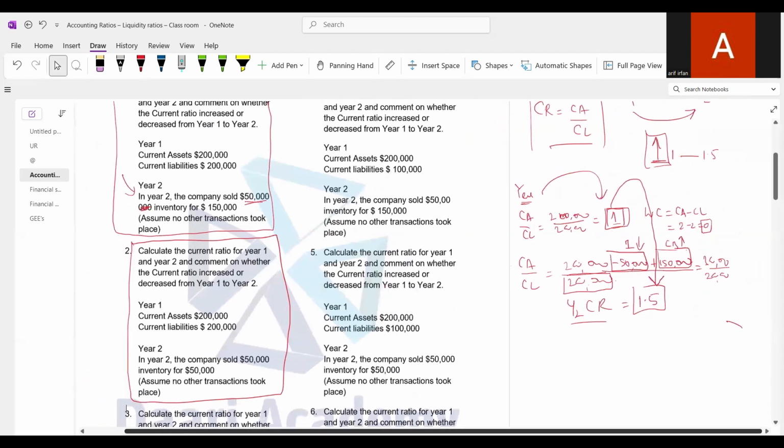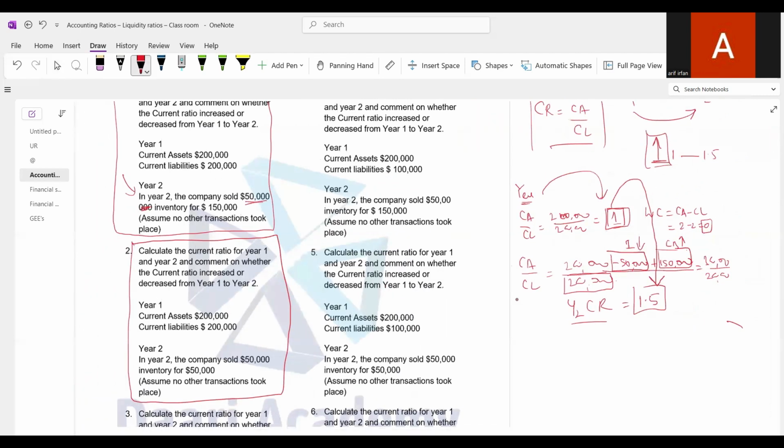Now I am explaining. In the year 1, current assets and current liability are 200,000. So my current ratio is 1. Now what happened in the year 2? Current assets and current liabilities were 200,000 previously.